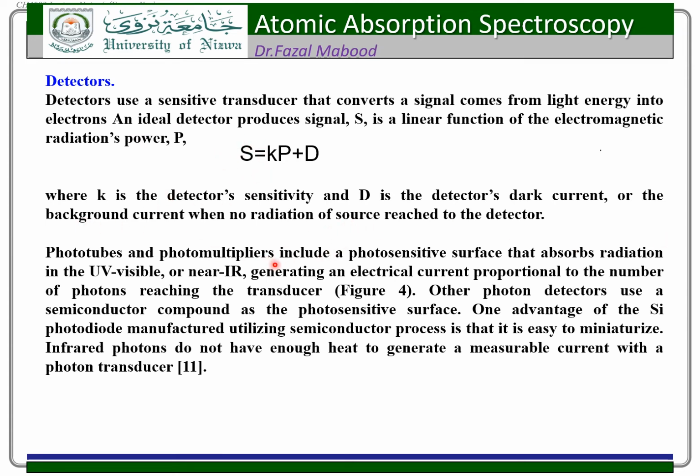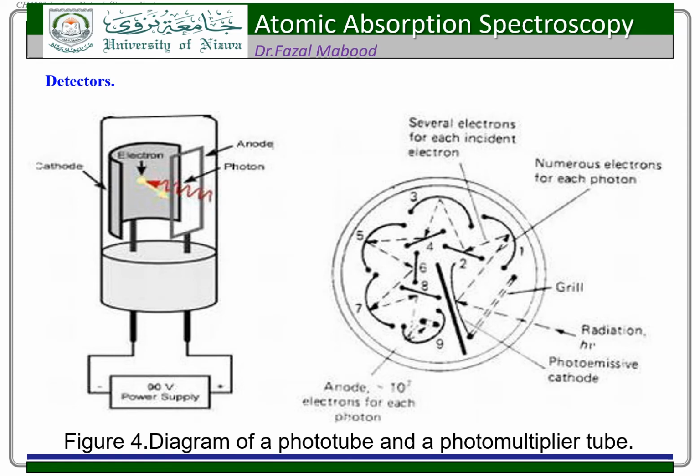Phototubes and photomultiplier tubes are the most popular ones. There are many other detectors that we use in spectroscopy. Here you see the detector, with the diodes 1, 2, 3, 4, 5. As you increase the number of diodes, or dynodes, you amplify the signal.